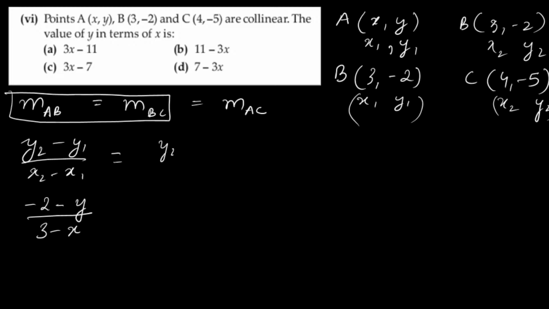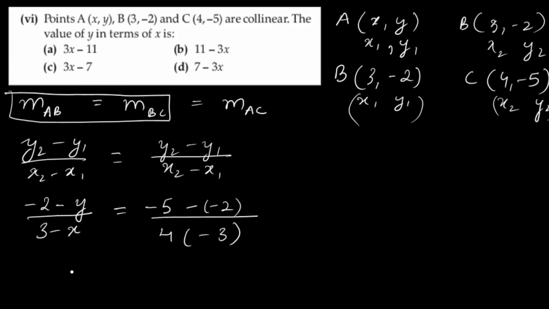The slope formula gives (-5 - (-2))/(4 - 3).